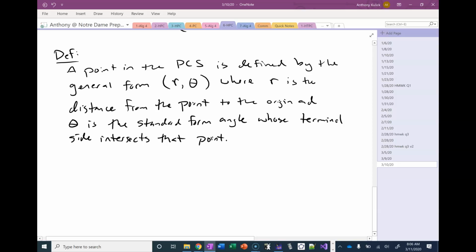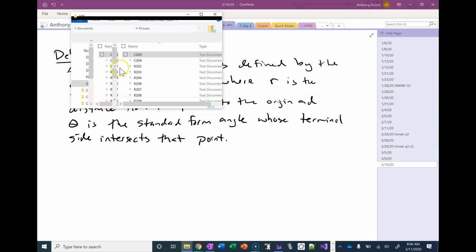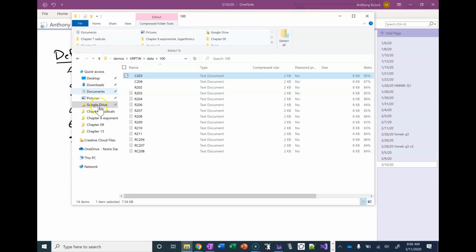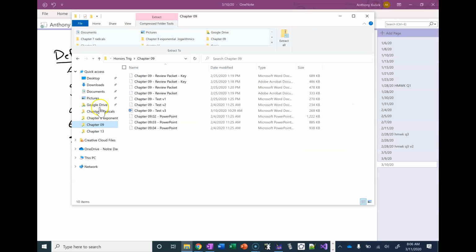So let's talk a little bit about this polar axis that we've just given you guys.